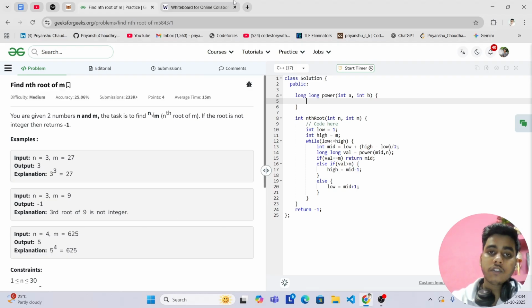This binary exponentiation is another problem we have solved on LeetCode, that is pow x raised to the power n, and you can check it out. So I'm writing that code only.